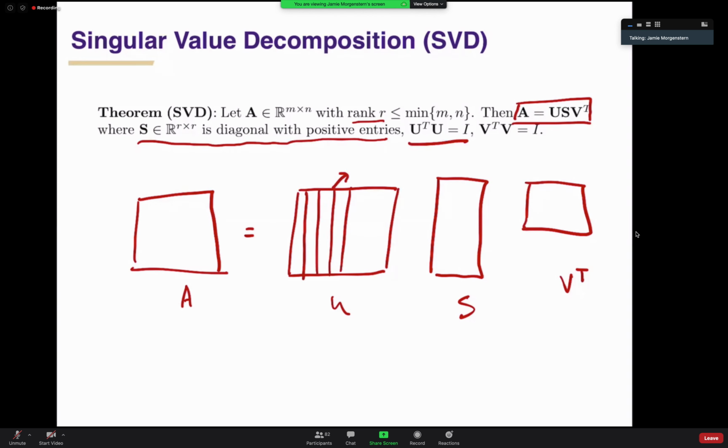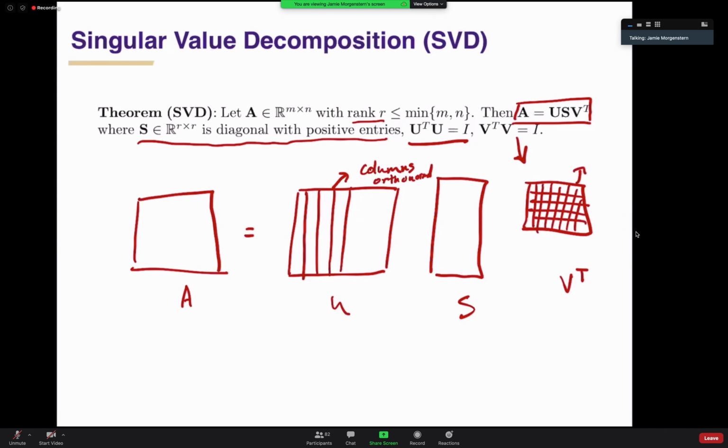That's what this means. And V is going to have the property that both its columns and its rows are orthonormal. But that's a fact that is even stronger than this statement here.